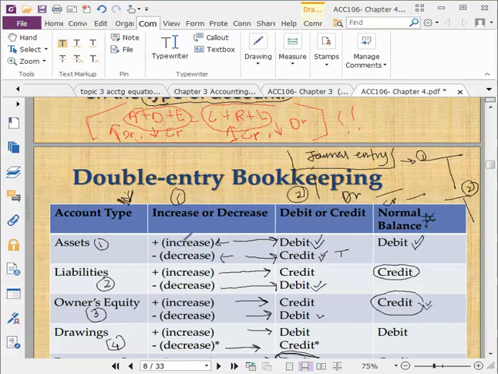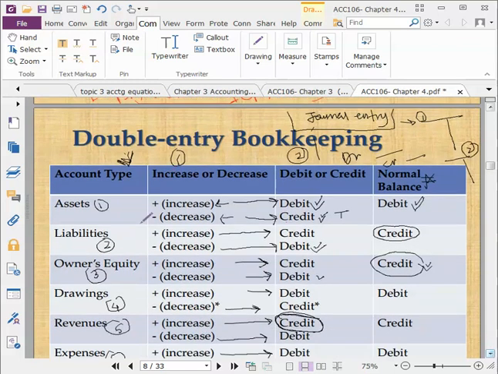For example, asset. If the asset is increased, we must debit. Decrease, we must credit. How about liability? Increase is credit, decrease is debit. How about equity? Equity is under capital. So capital increase, credit, decrease, debit. How about drawing?